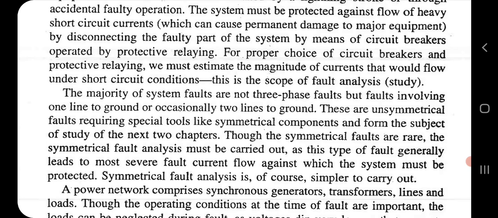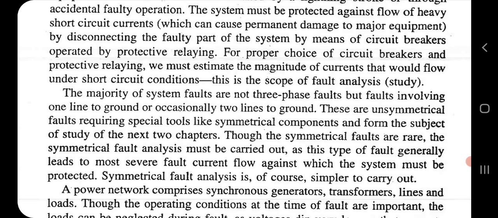So now it is very important to study the faulty condition. Fault analysis study is very important. If we study fault analysis, then we can make out what current is required for a circuit breaker to break or isolate during faulty conditions.